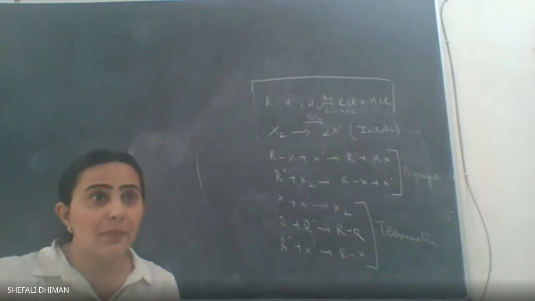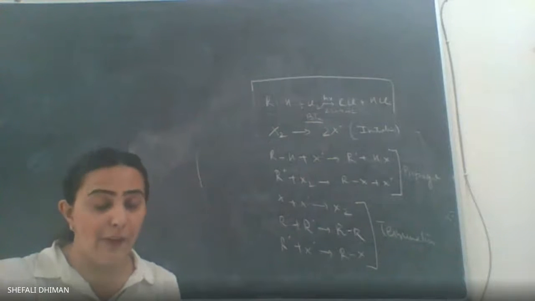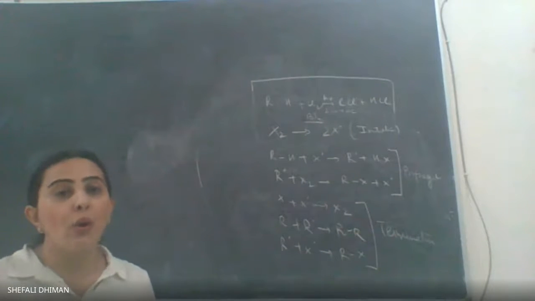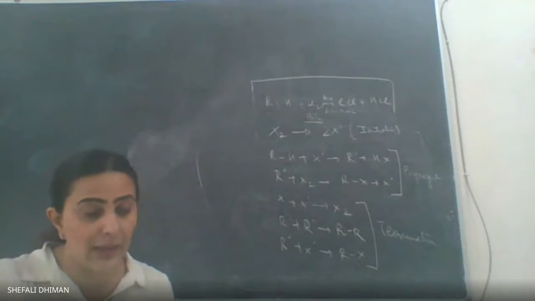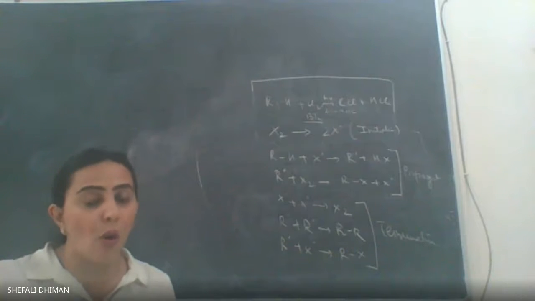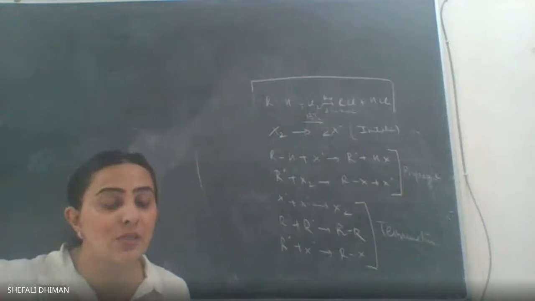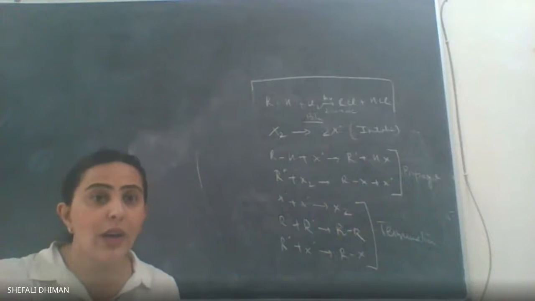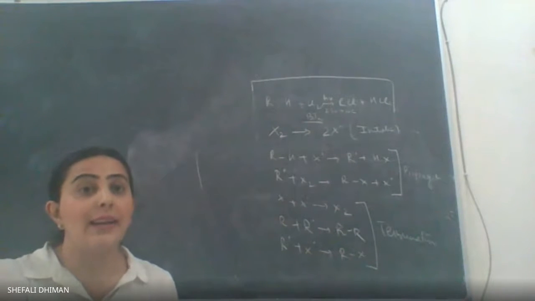And again, as I told yesterday as well, the most important single factor which causes the order of the halogen reactivity is the decreasing strength of the HX bond, which follows the order HF, HCl, followed by HBr and HI.